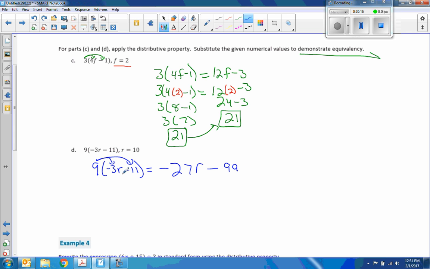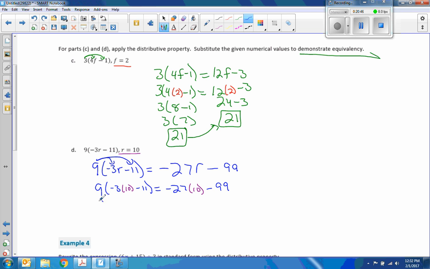So I want to prove that this is equal to that when r is 10. Okay. So now I'm going to rewrite this. 9 times negative 3, replace r with 10, minus 11, equals negative 27, replace r with 10, minus 99.